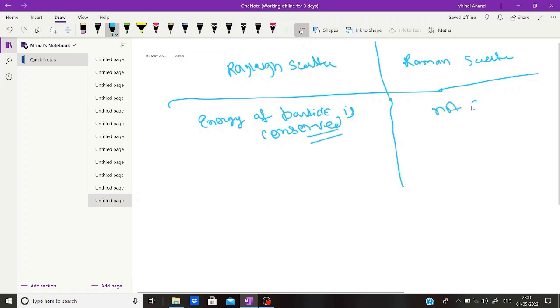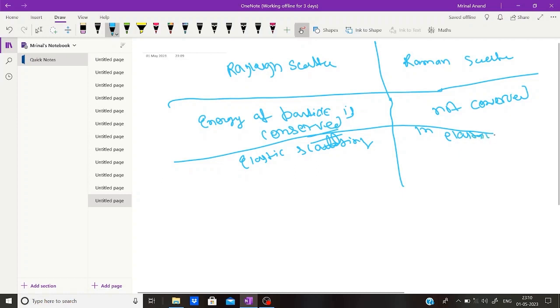Here in Raman scattering, the energy is not conserved. Second, here you can see the inelastic scattering.